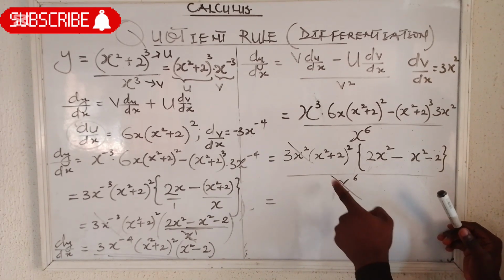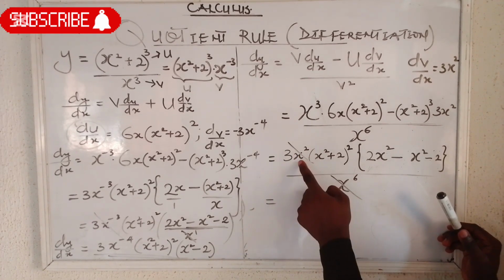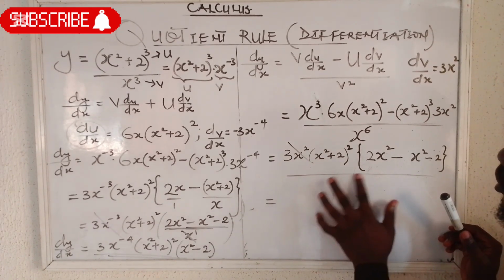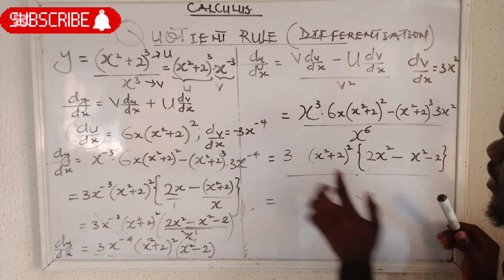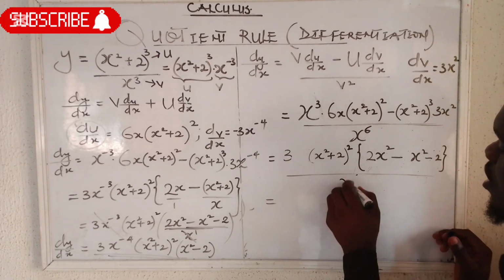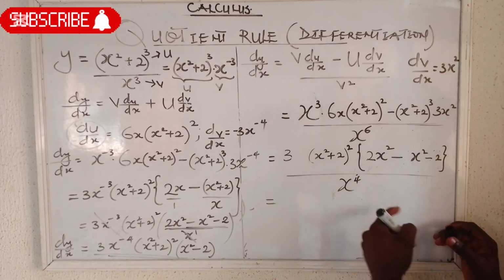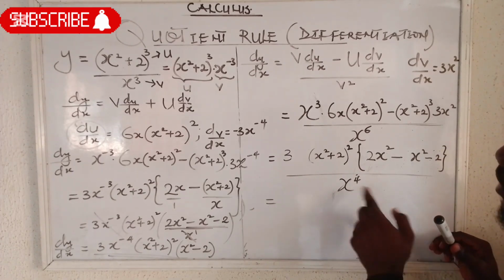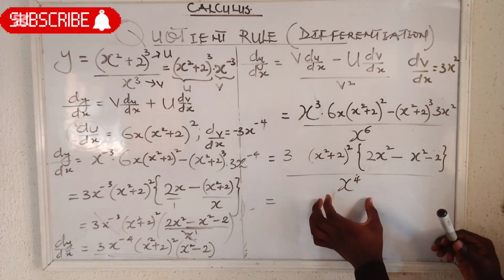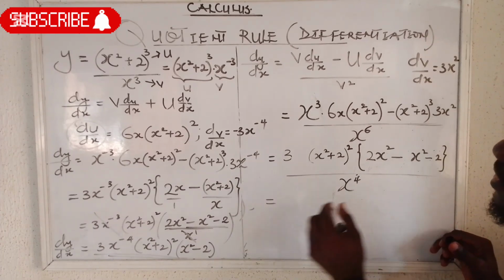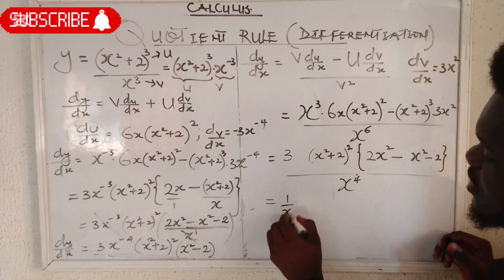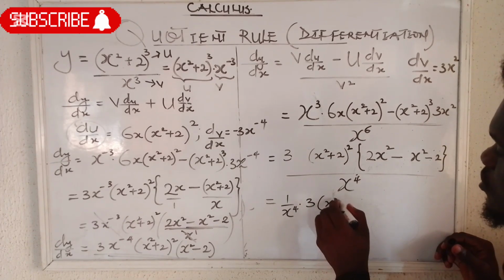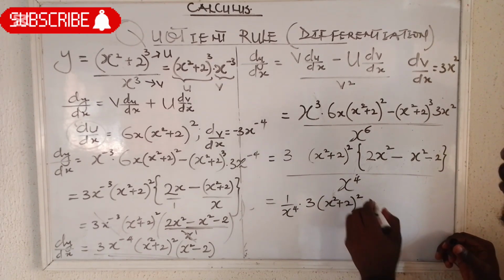Since this x to the power of 2 is divided by x to the power of 6, we can just clean everything here and put just x to the power of 4, and we are still okay. Because x to the power of 4 is a denominator, it can be represented as 1 over x to the power of 4, then 3, then x squared plus 2 squared.